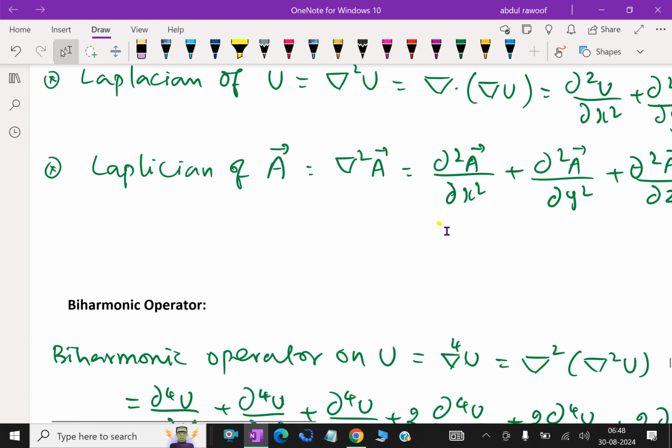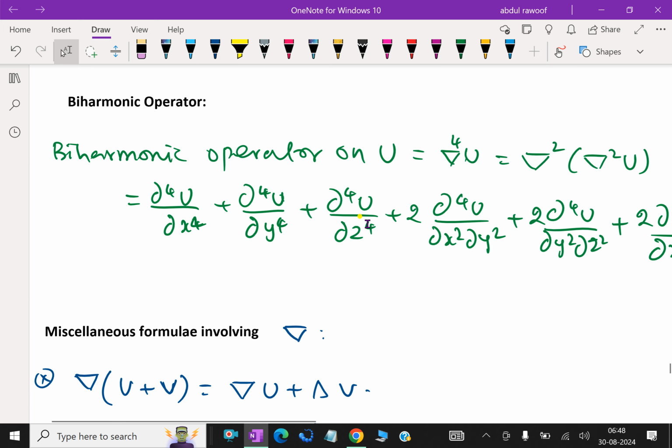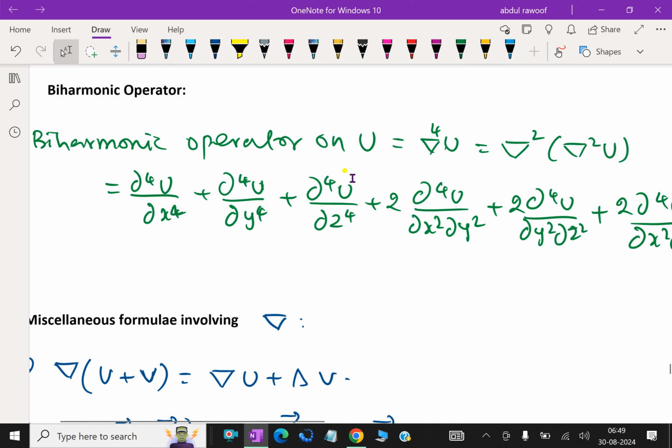Next is the biharmonic operator. The harmonic operator on u is defined as del power 4 u, which is equal to del square of del square u. This is del power 4 u.